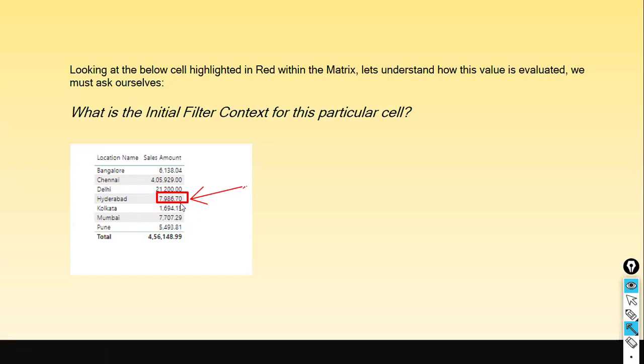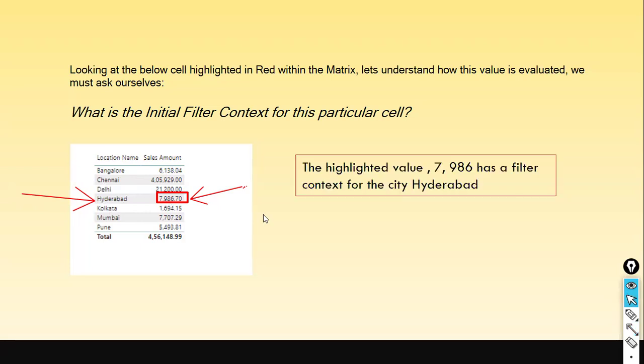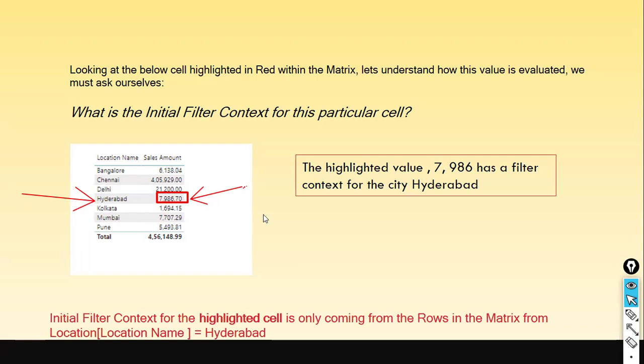The filter context comes from Hyderabad, the row level filter. The initial filter context for this highlighted cell is only coming from the rows in the matrix or table visual, from location name equal to Hyderabad.